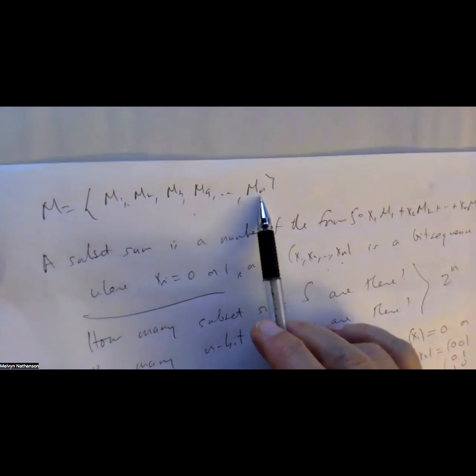I have my set M, right? This is a set M with n different numbers. So from my bit sequence, I take the summation of x sub i, m sub i, i goes from 1 up to n. That's some number S. That's my ciphertext, let's say. And it's this S that I transmit to Bob. So Bob gets this number S.